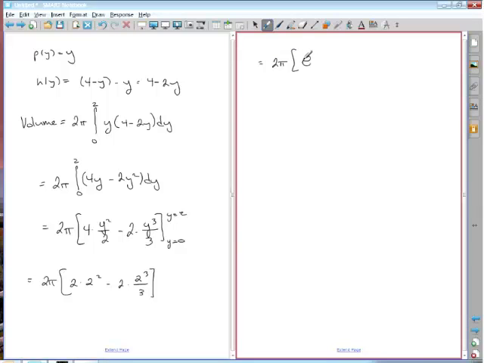We have 8 minus, we've got 2 cubed is 8 times 2 is 16 thirds. Find a common denominator, which is going to be 3, so we multiply 8 by 3 to get 24 thirds minus 16 thirds. And so we have 2 times 8 thirds. 24 minus 16 is 8. So we finally end up with 16 pi divided by 3.